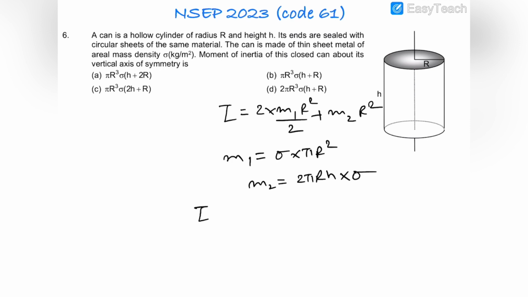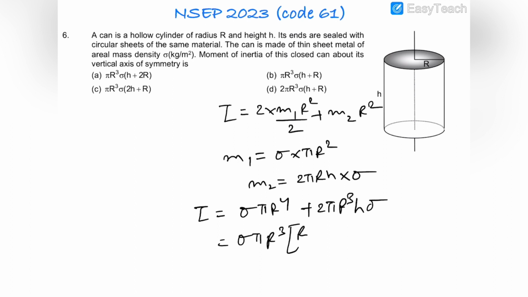So I will be equal to sigma pi R to the power 4 plus 2 pi R cube h sigma. We can take sigma pi R cube common, and it would be R plus 2h. So the correct answer would be C. Now we move on to the next question.